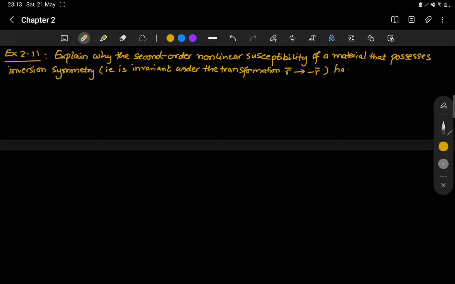So the nonlinear susceptibility of such a material has to be 0. So this is part A of the question.